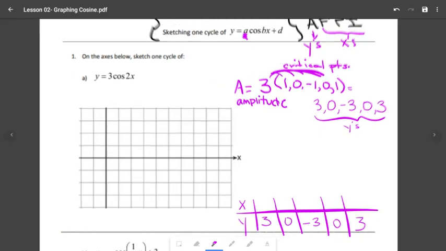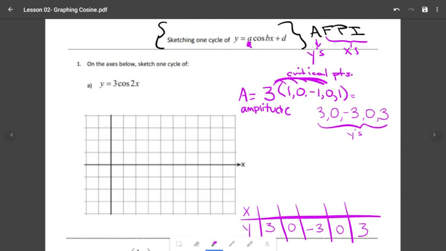So to get the x's, I said that's the FPI. F, remember, stands for the frequency, which is the number in front of the x. So that is the B, which is 2. P stands for the period, which is not in the equation. However, if you remember the formula, it was 2 pi divided by the frequency.